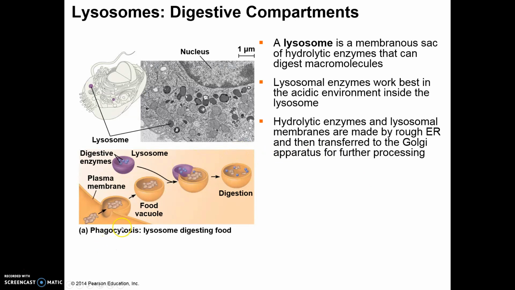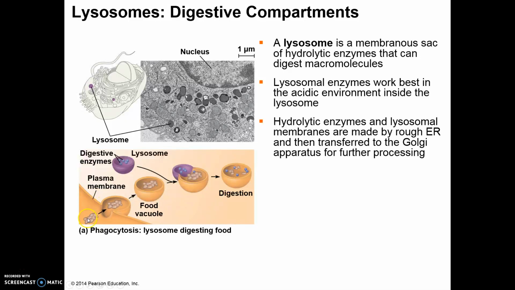Now, sometimes when a cell encounters material that it wants to consume, it is in too large of chunks for us to break down and absorb through our plasma membrane or to import through channels. So typically, channels that go through our plasma membrane are only bringing in simple sugars, amino acids, very simple supplies.